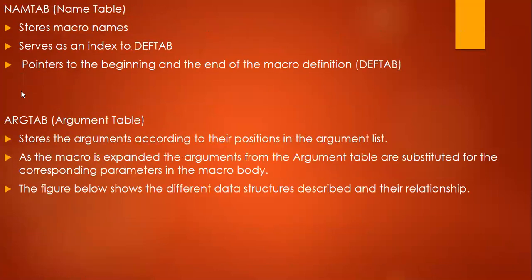Then the name table just holds the name and the start and end of the macro. The name table, NAMTAB, stores macro names and serves as an index to DEFTAB, showing where exactly a particular definition is available. It holds pointers to the beginning and end of the macro definition, indicating where exactly the macro definition starts and where it ends.